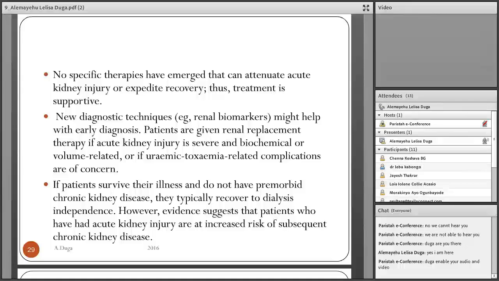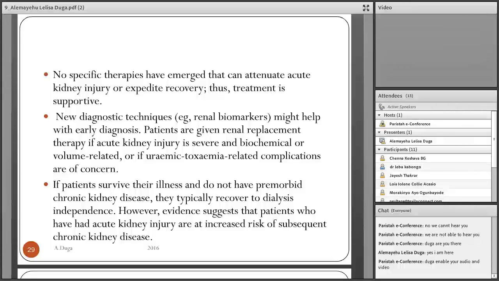New diagnostic techniques, that is renal biomarkers, might help with early diagnosis. Kidney biopsy will also be very helpful in diagnosing AKI along with other laboratory parameters, which are glomerular filtration rate and serum creatinine level.